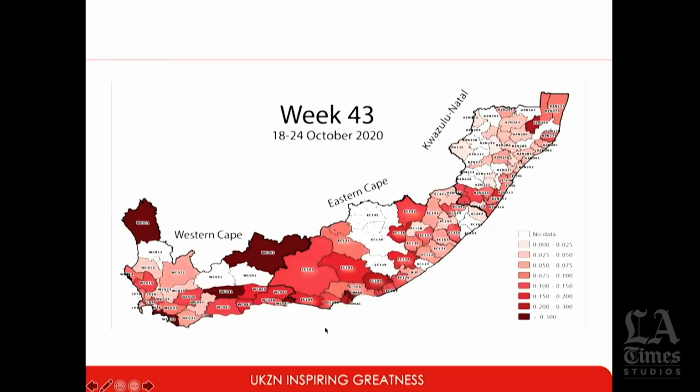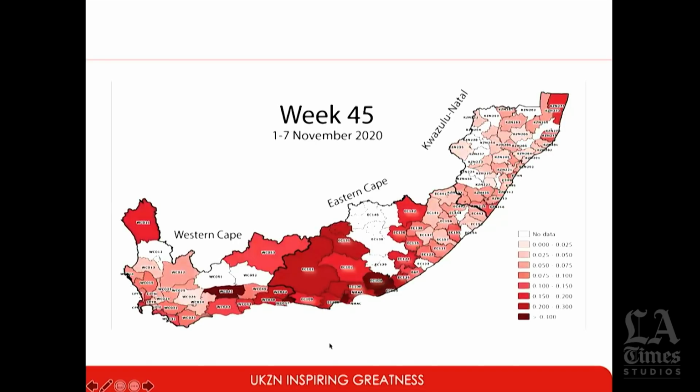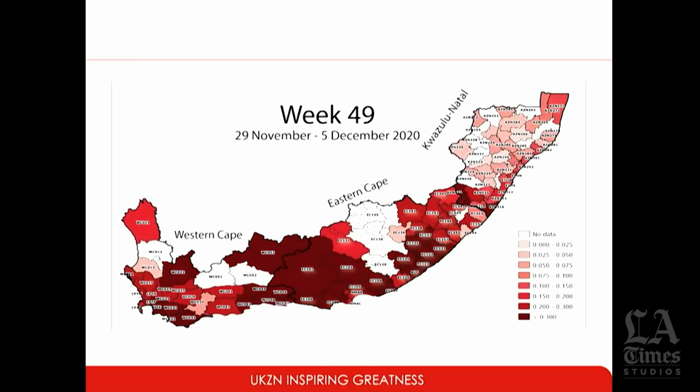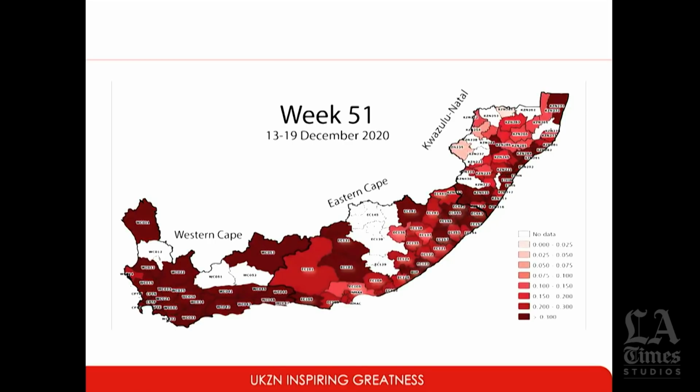Yeah. So here, just moving through the weeks, you're going to see many of the areas become very dark red. And this means that in all these areas, every 10 tests, more than 3 are positive. What it means is that the size of the pandemic is multiple times higher, and we have never seen that.